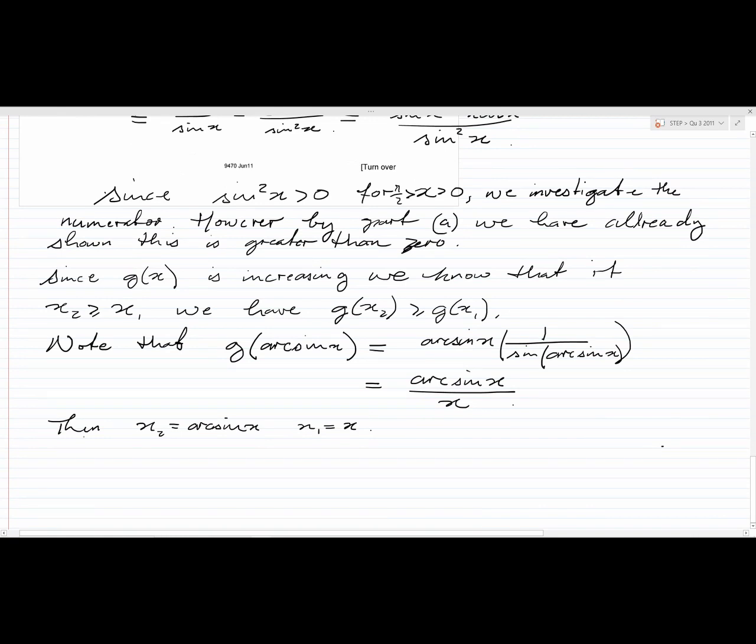So what we get, then, is g of arcsine x, which is equal to arcsine of x over x, is greater or equal to g of x1, which is equal to x cosec x, because that's g of x. I should write that maybe. Let's write g of x here.